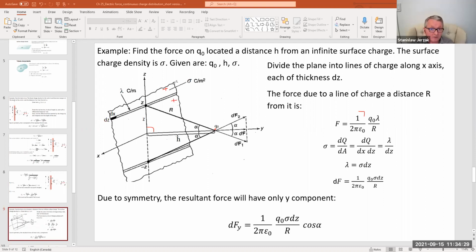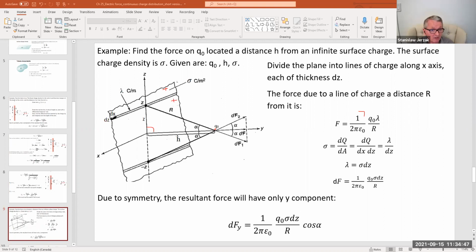To find the force due to the plane on the charge Q0 using just a single variable, we divide that plane into many lines of charge. Two of them are shown, one here and one here, but the plane would have to be divided into an infinitely large number of these lines of charge.